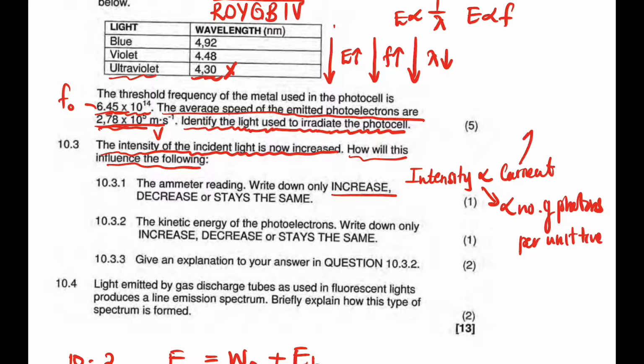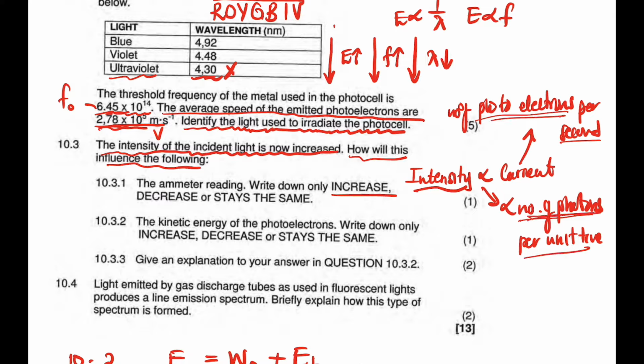When we talk about the current, we talk about the number of photoelectrons emitted per second. So when you increase the intensity, you are increasing the number of photons, not photoelectrons, the photons, which are the energy packets per second. All right, so the answer is going to be increase.